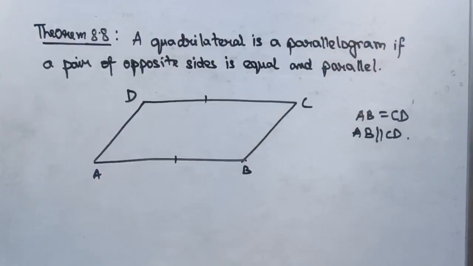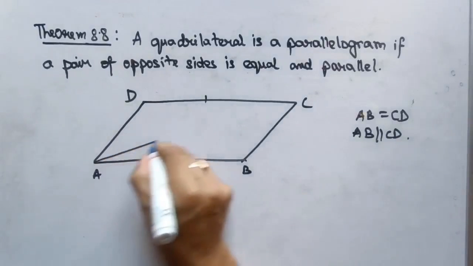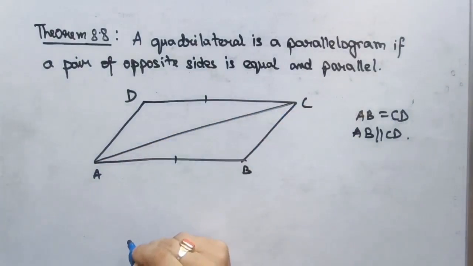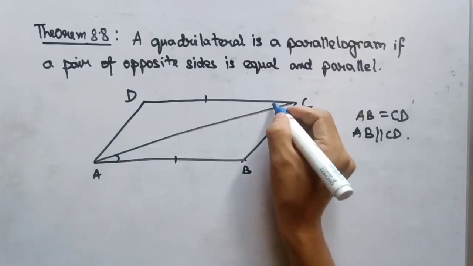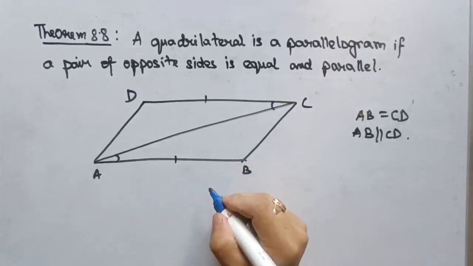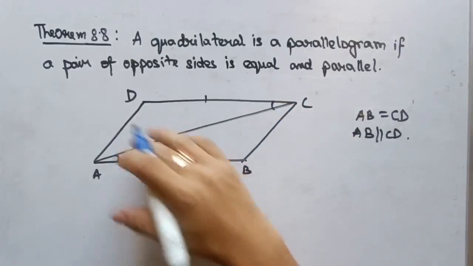To prove this theorem, let us draw the diagonal AC. Then this angle will be equal to this angle because they are the alternate angles for the parallel lines AB and CD.